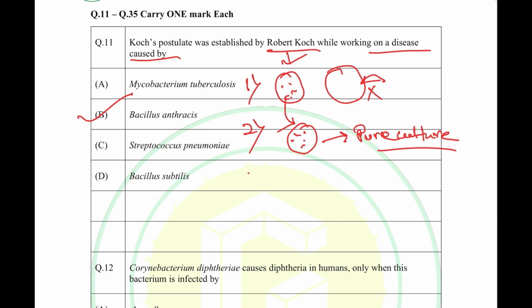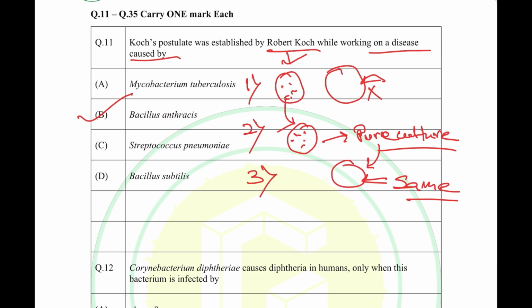And in the third postulate, he said that the cultured organisms should cause the same disease when introduced into a healthy host. And these cultured organisms, when introduced to a healthy host, will cause the same disease.